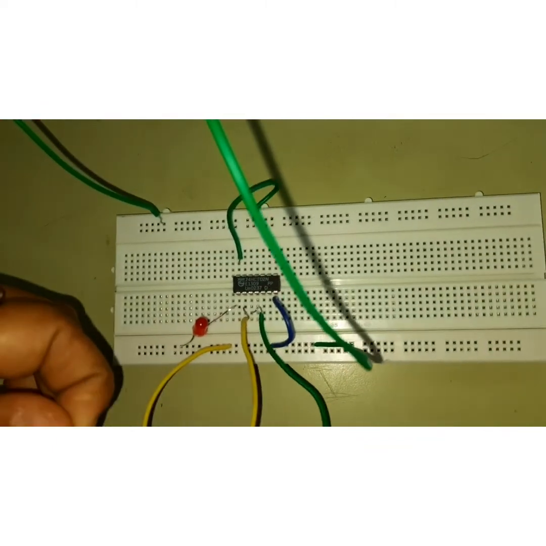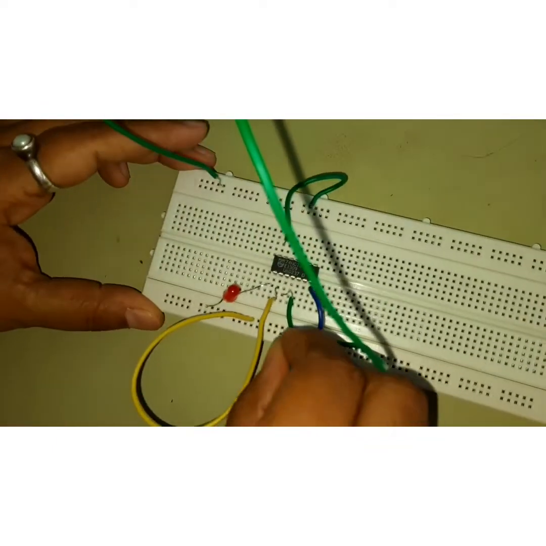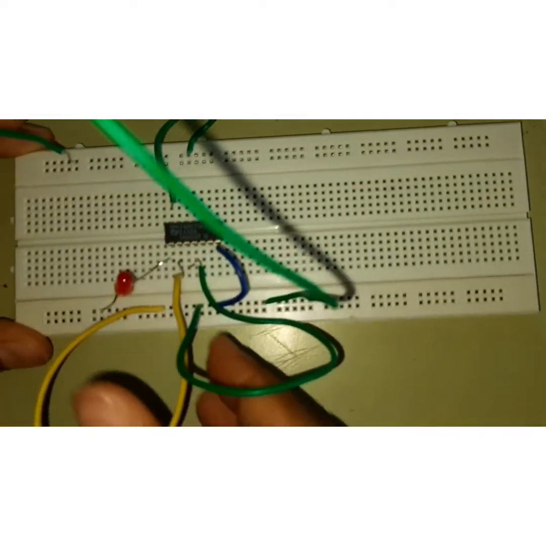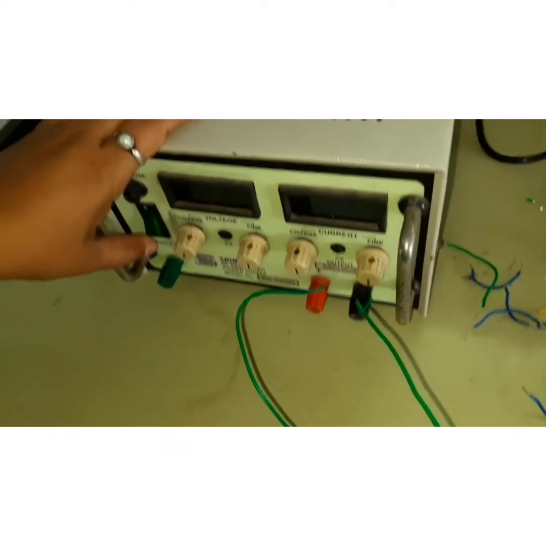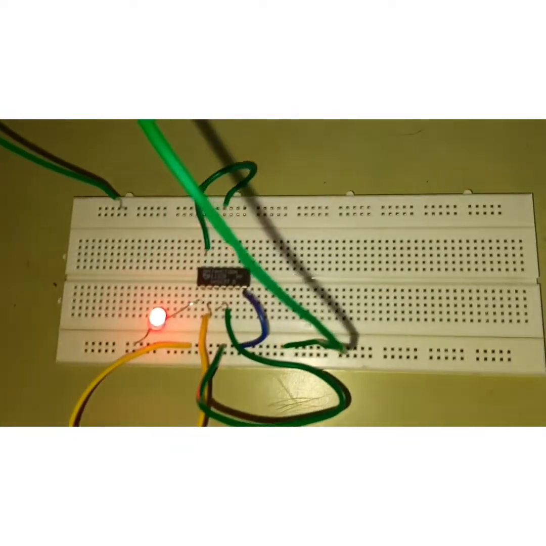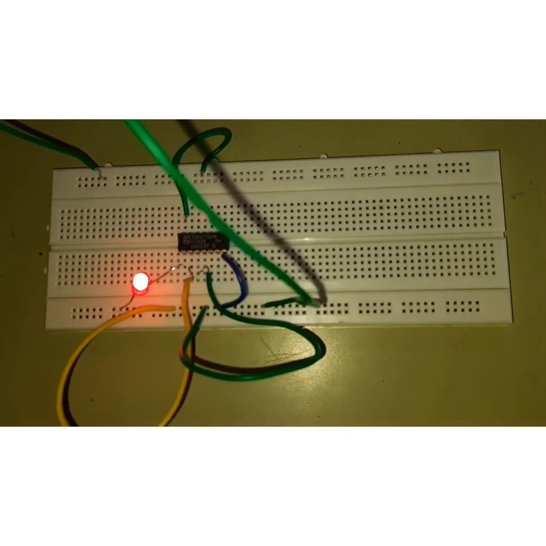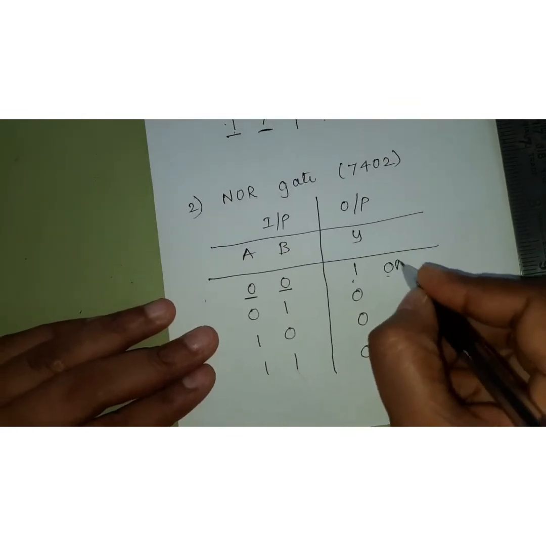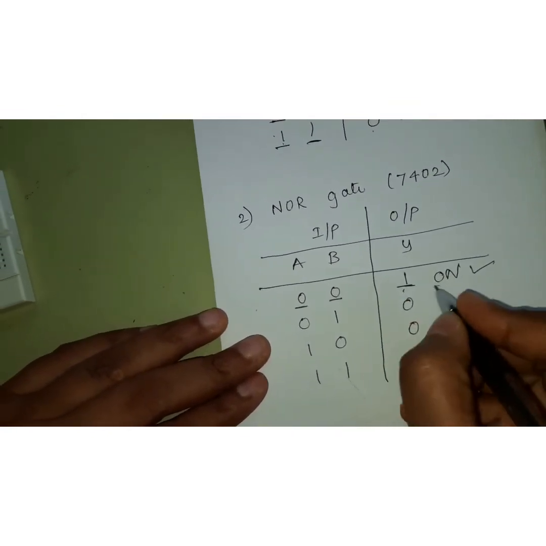We'll connect green wire, that is B, to 0 or ground. So this is also 0. Now I'll switch on the power supply, and you can see the LED is glowing. That means it is on. So that means output is at logic 1, hence verified. First state is verified.